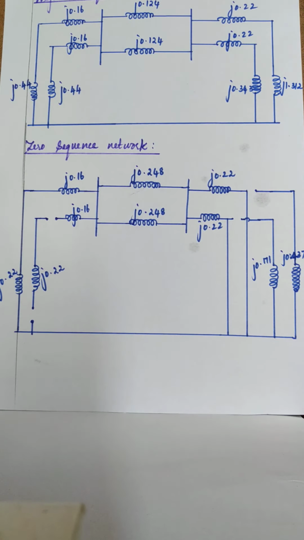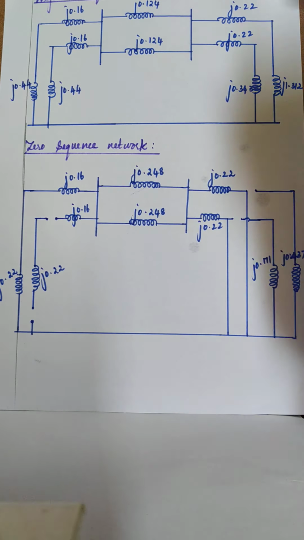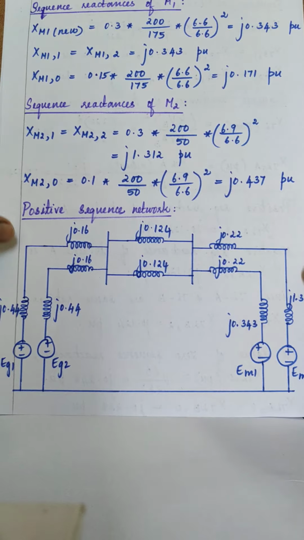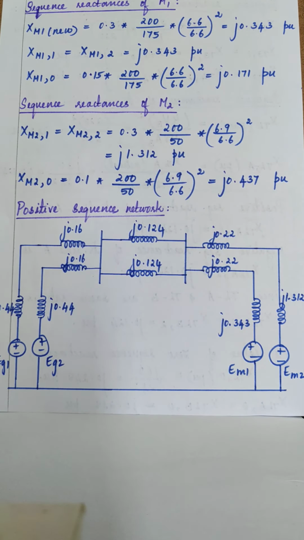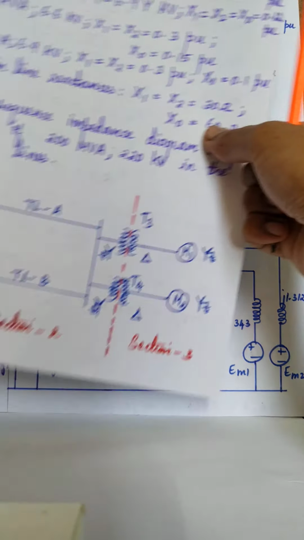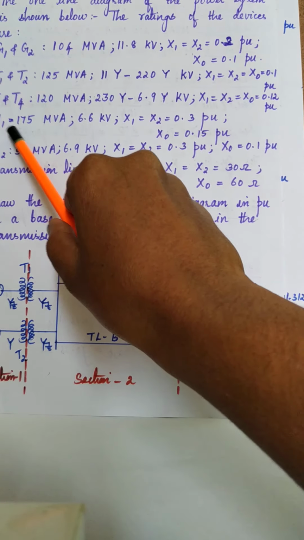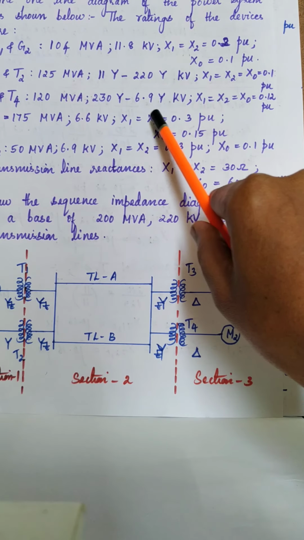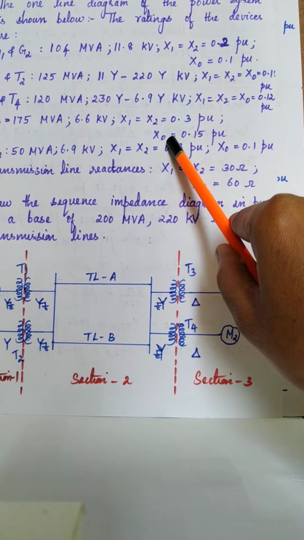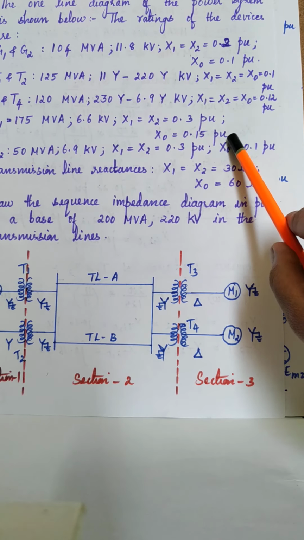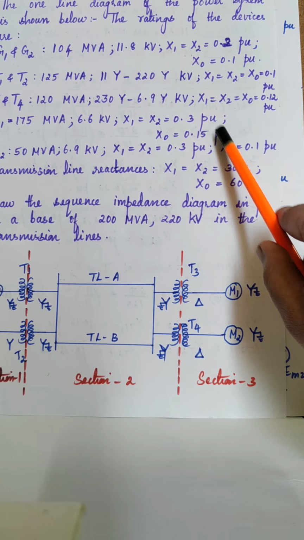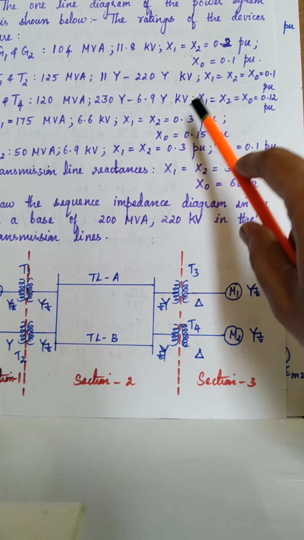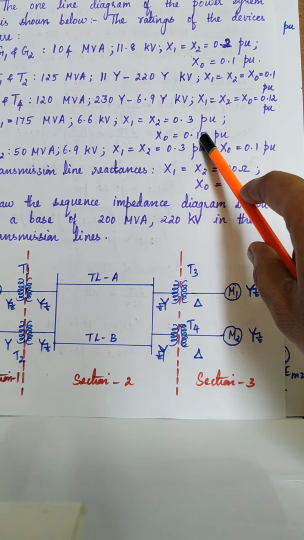So now let us calculate the sequence reactances of motor 1. Okay. So they had given with motor 1, positive and negative sequence is 0.3, zero sequence 0.15. These are all the old values. Now with respect to the new base values, calculate the new per unit reactances.